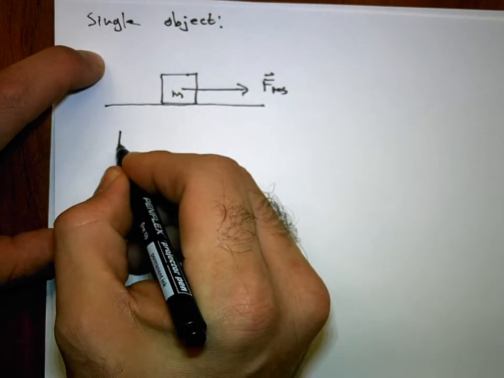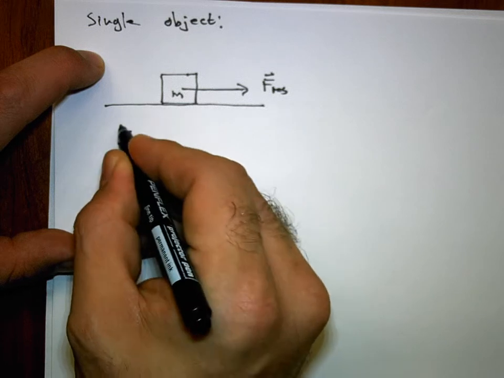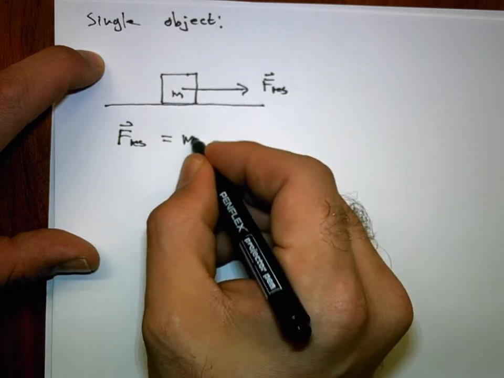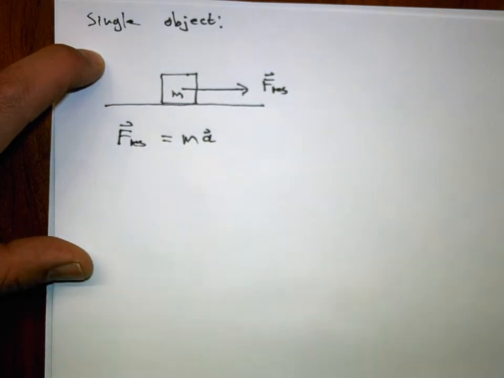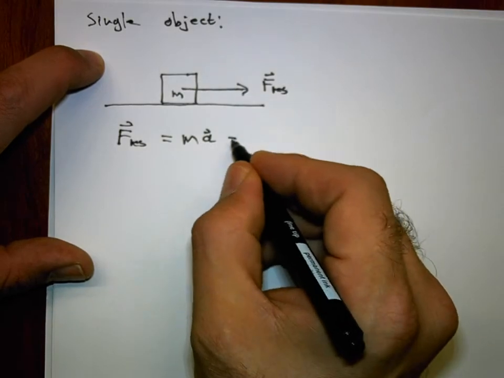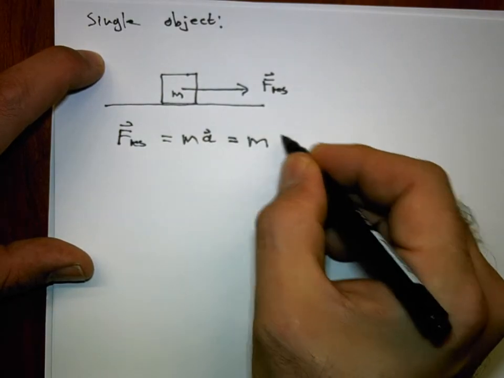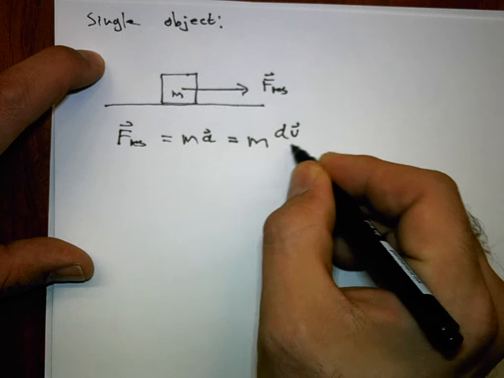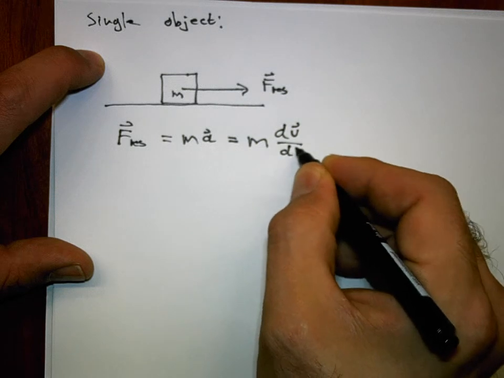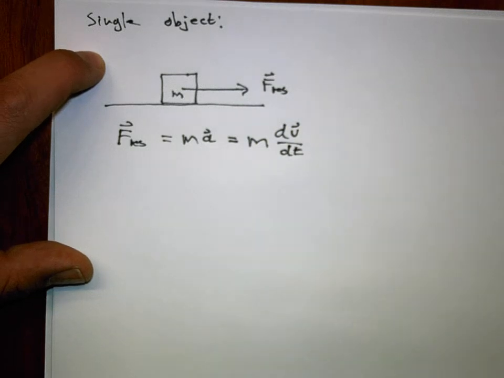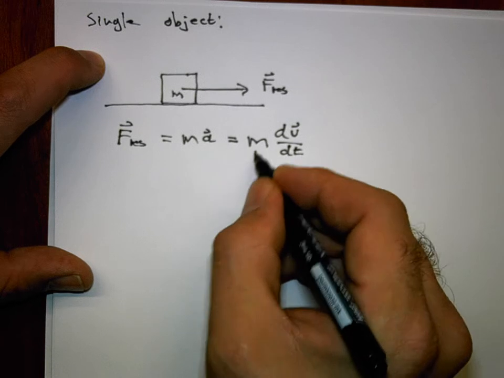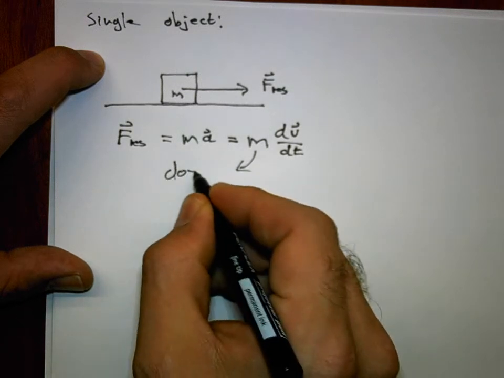So we know from Newton's second law that this resultant force will be equal to mass times acceleration. We know that acceleration is just the derivative of velocity with respect to time. Now we can change this around because the mass does not change with time.